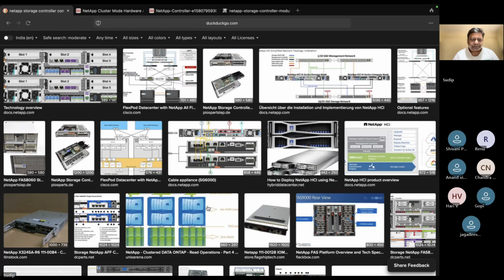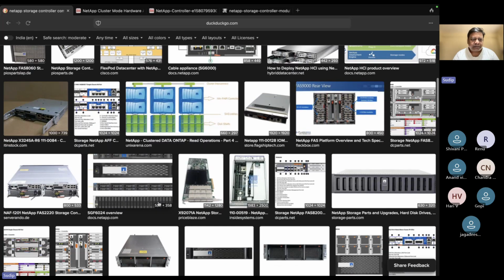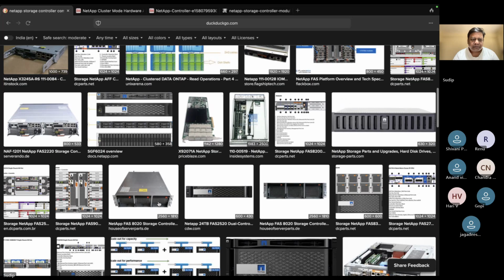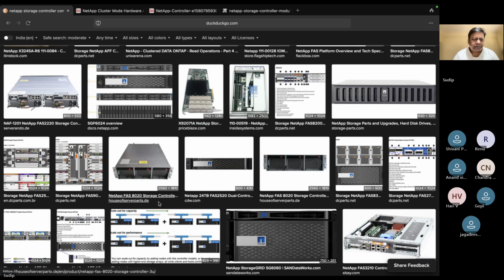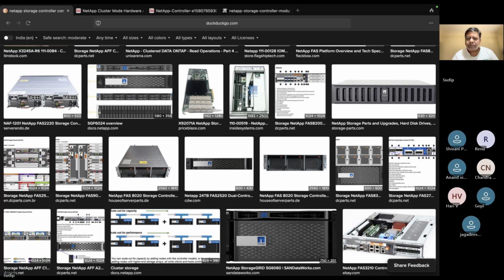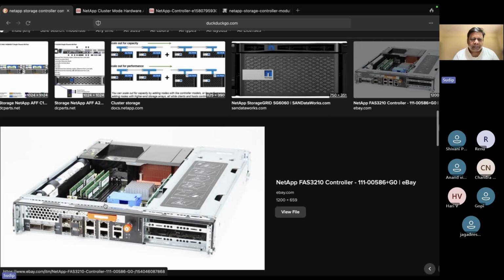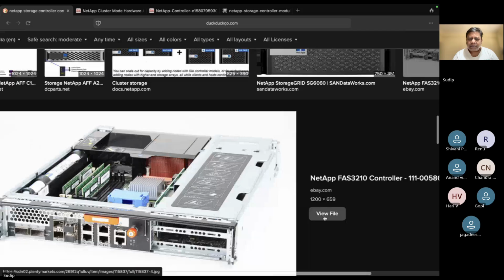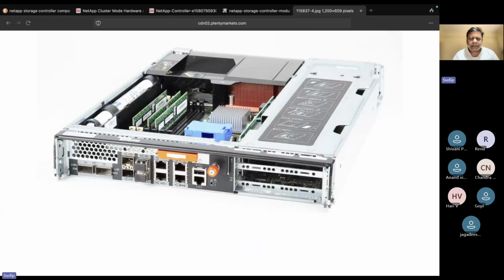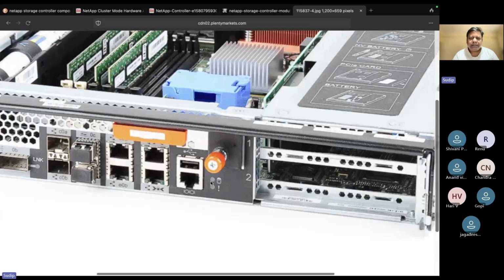Let me see if I find any other better picture. Yeah, this one looks good. It's clearer. Yeah, this picture is clear.